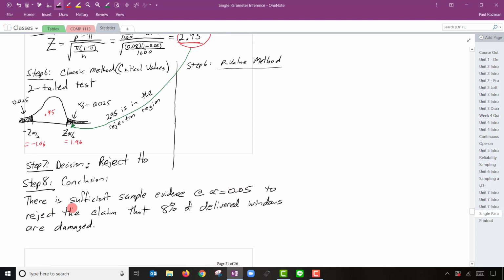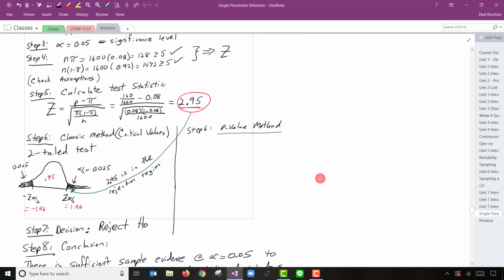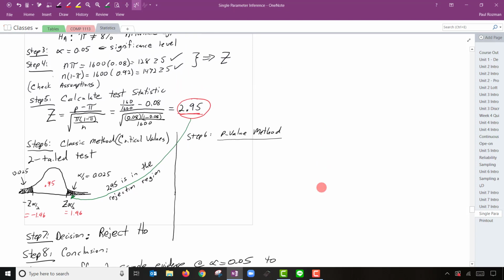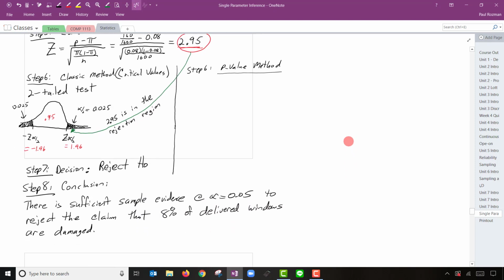There's sufficient evidence to reject the claim. And the reason this is worded fairly strongly is we know the probability of our error. There's a 5% chance that we made a mistake. We can quantify the probability of our error. And because we can measure the probability of our error, we can word our conclusion fairly strongly.